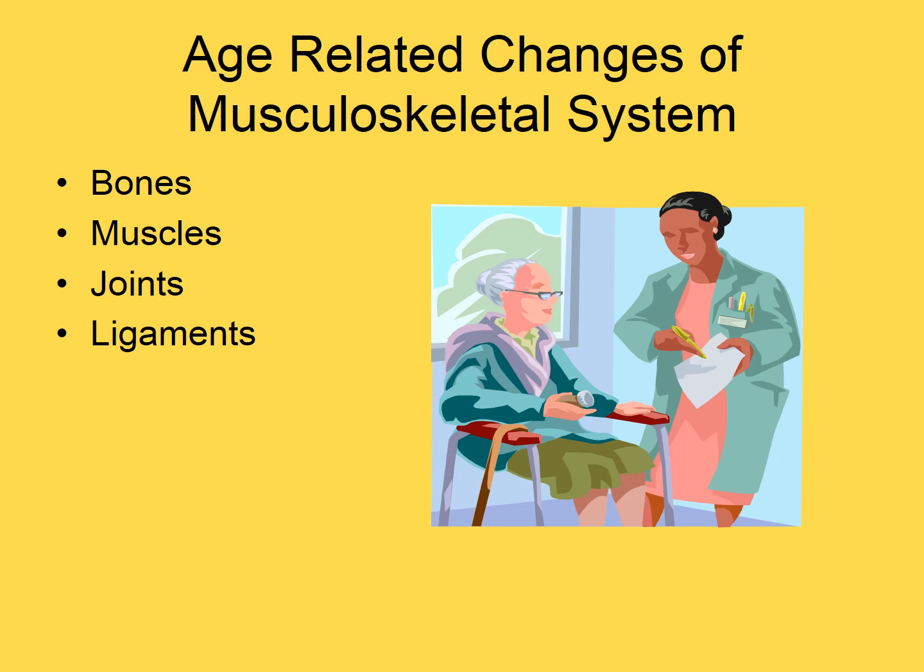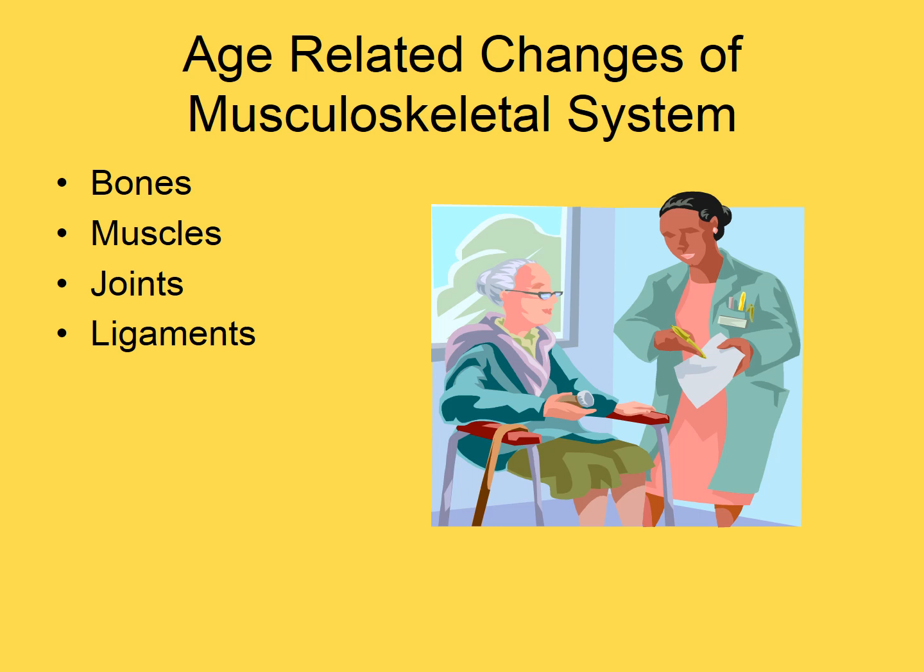So as people get older, the bones are more fragile, and so it's important to encourage them to continue to do weight-bearing exercises when they can and increase their calcium intake.